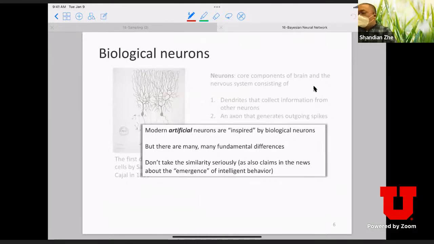If you really make your neural network similar to biological neurons, it doesn't work as well. So in the future, if you read a paper that says, we're building this network because the human brain works like that, don't take it seriously. This is just advertising, a way to sell their idea.